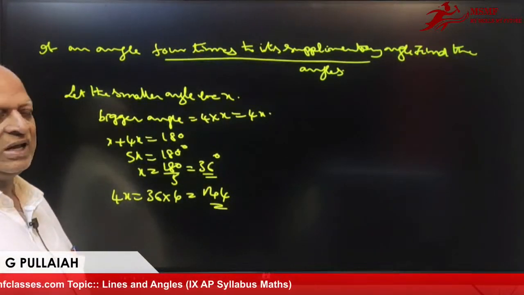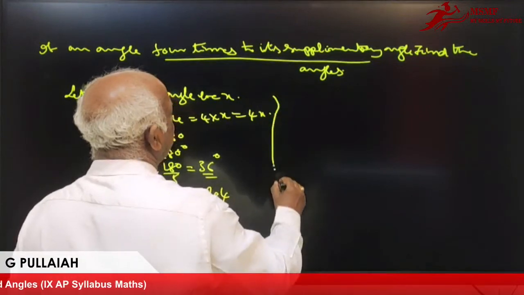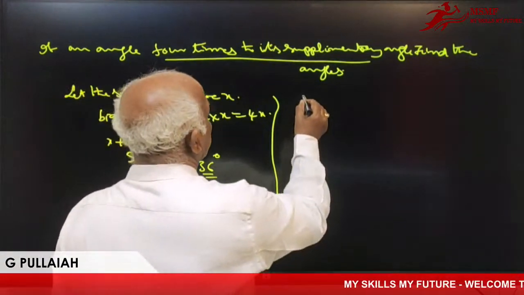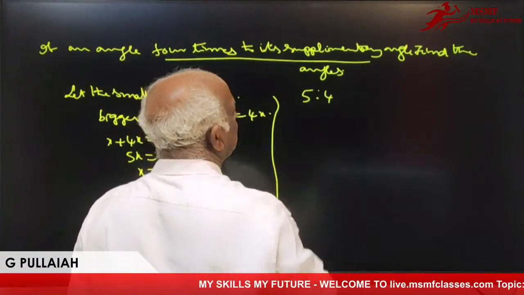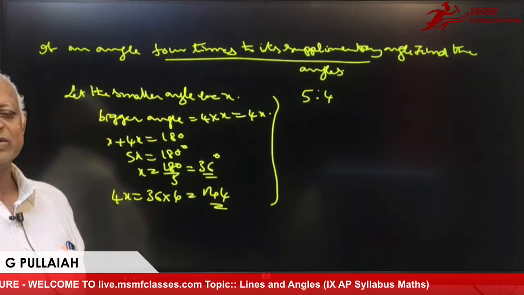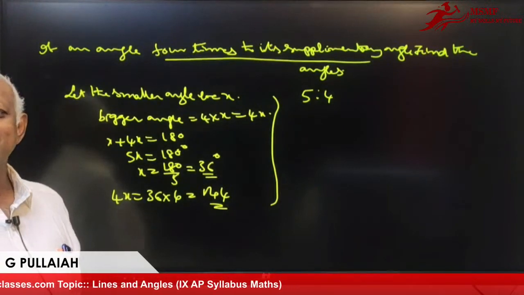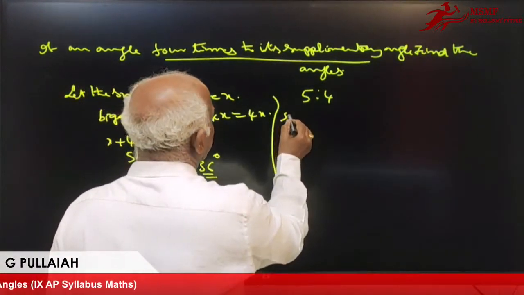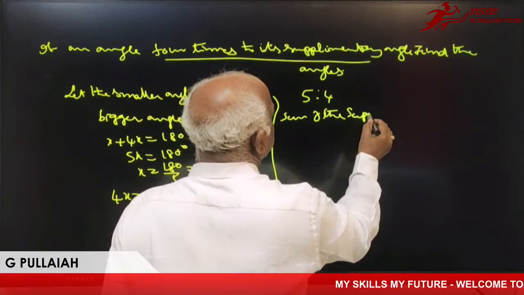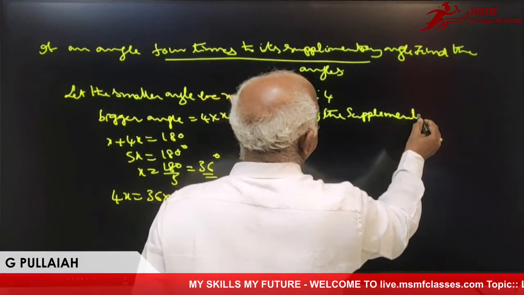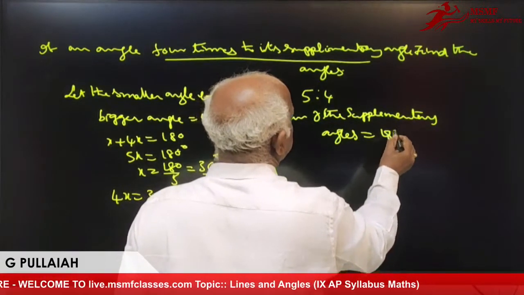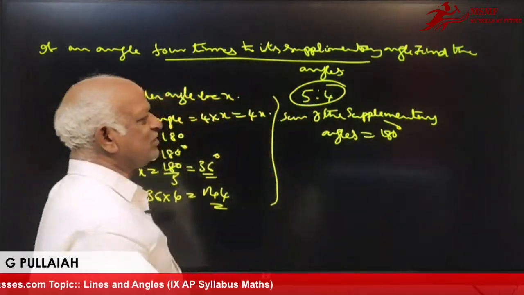These types of questions will be given. Another question here: two supplementary angles are in the ratio of 5:4. Find them. Here they are supplementary angles, and the sum of the supplementary angles is 180. They are in the ratio of 5:4.